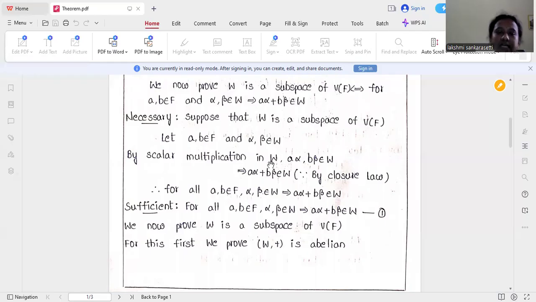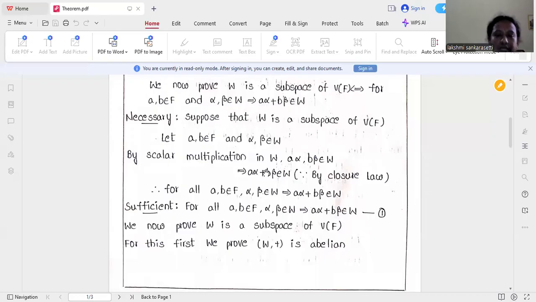So using the scalar multiplication in W, a into alpha, scalar into vector, a alpha is again a vector in W, and b into beta is also a vector in W. And that implies for the two elements a alpha, b beta belongs to W, the sum also belongs to W because W, plus is an abelian group, since it is a subspace.